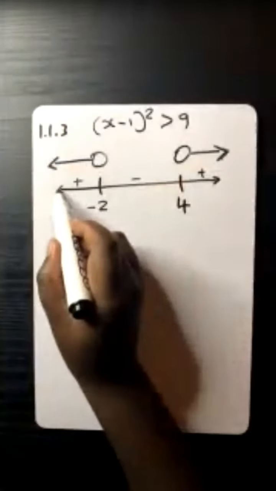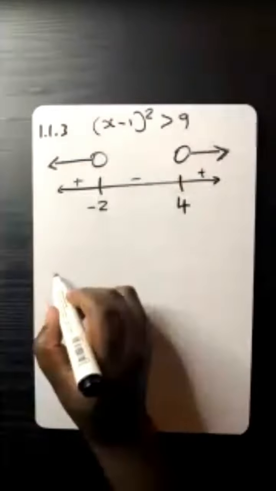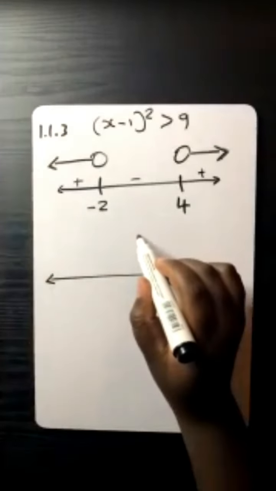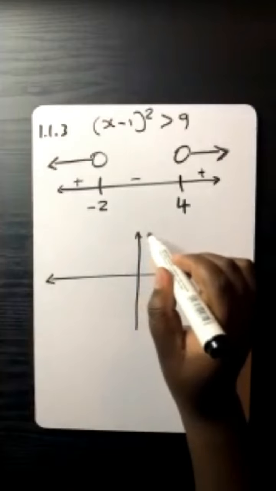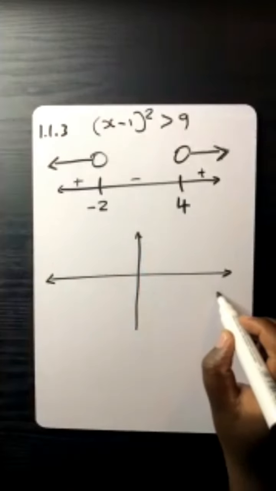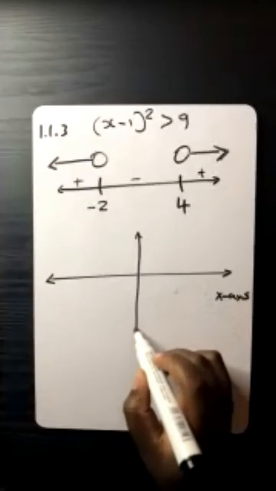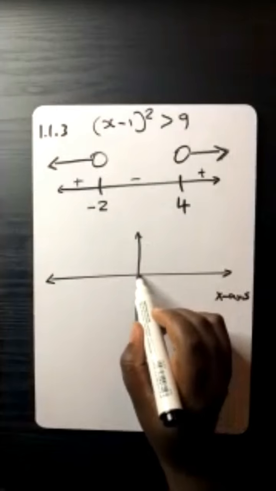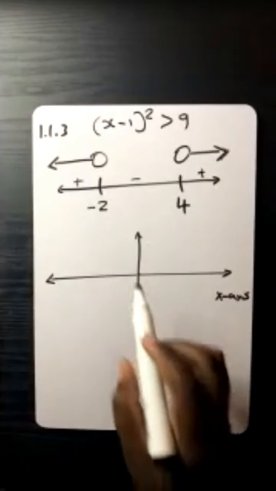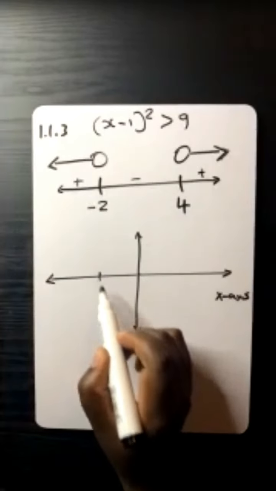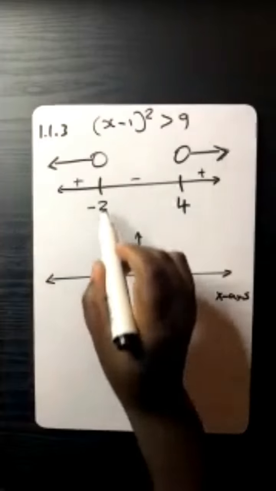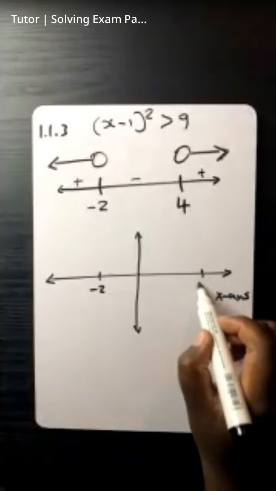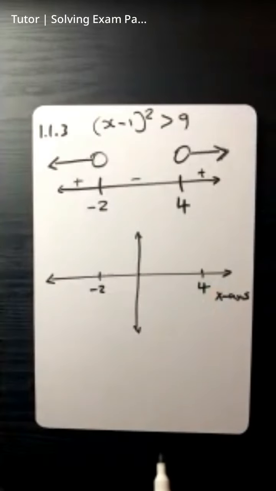Remember, this line is the x-axis on the Cartesian plane, and this is the y-axis. If this is the origin, that's why we've got -1, -2, which is that critical value over there. Then we have 1, 2, 3, 4, which is that 4 value over there.